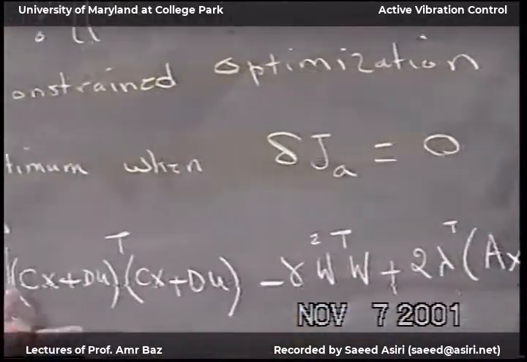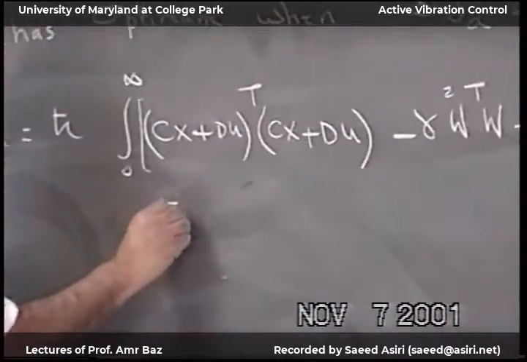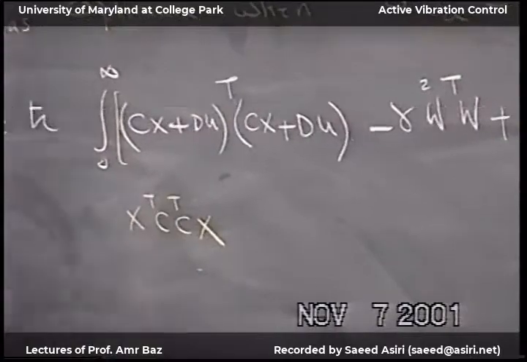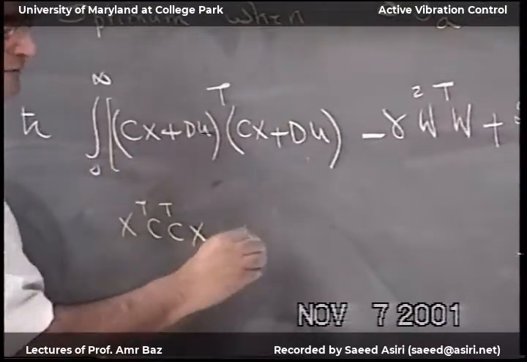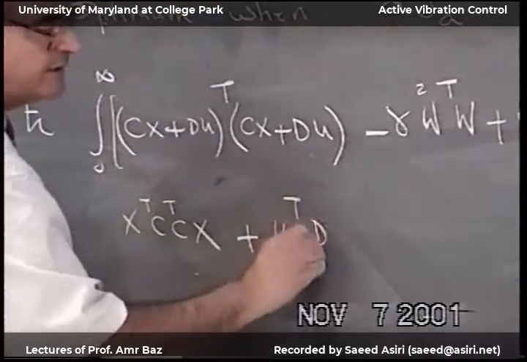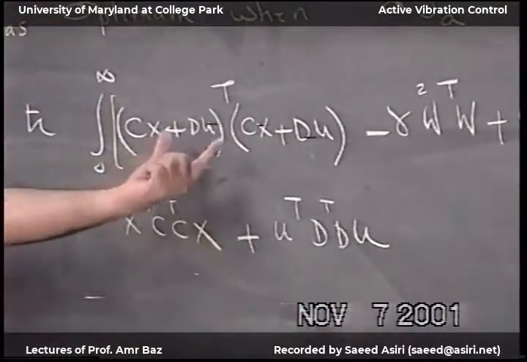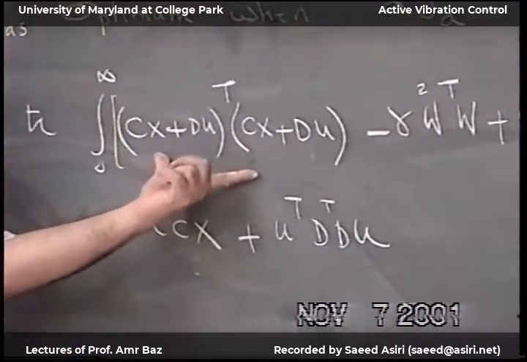When I expand the first term, then this will be x transpose C transpose C x, and then the last term, u transpose D transpose D u. And then I have cross multiplication terms, the u times the x, and the u times the x.